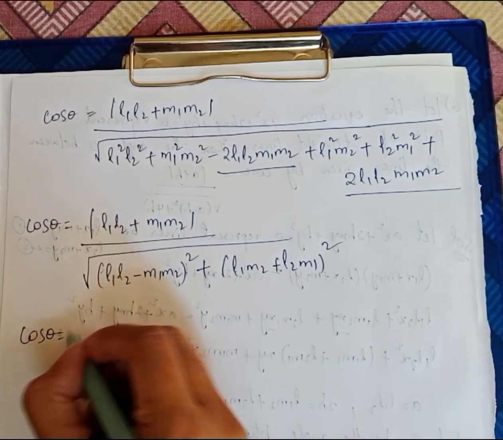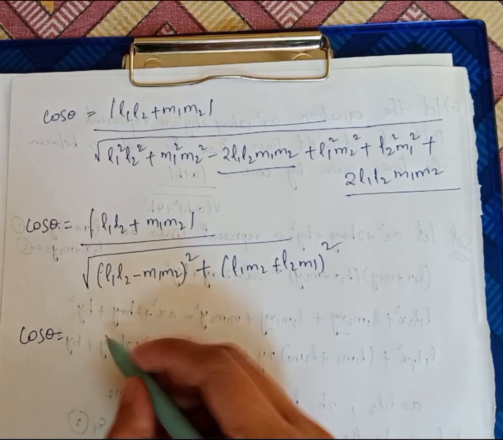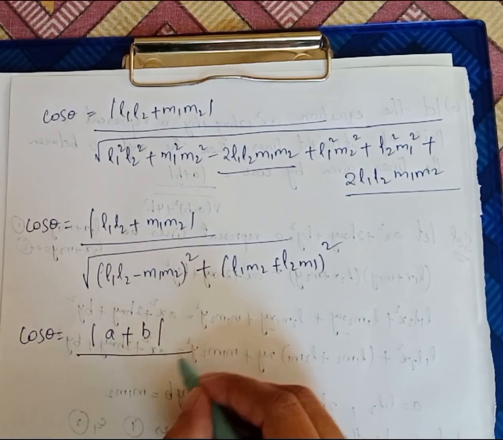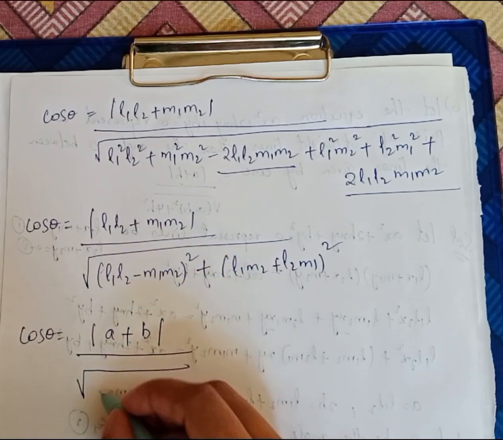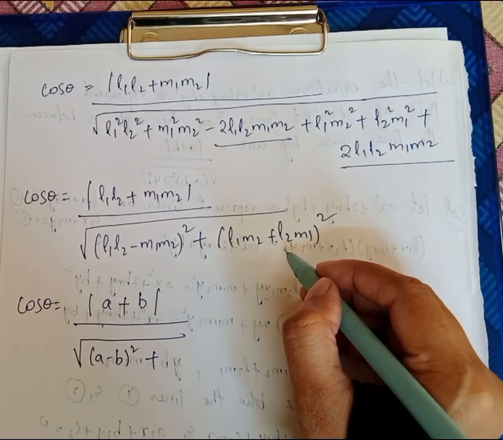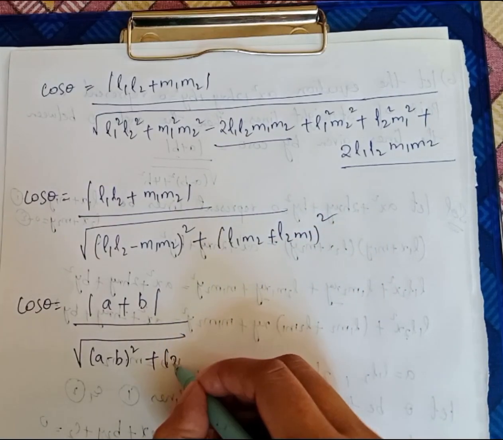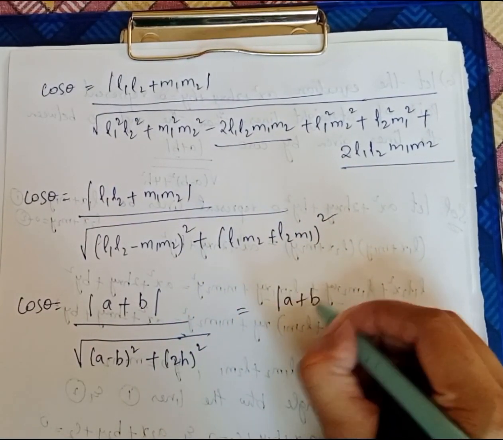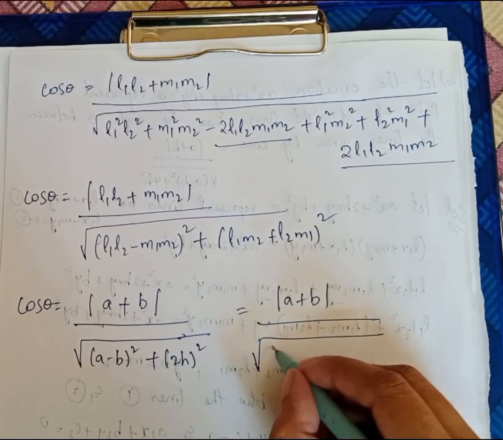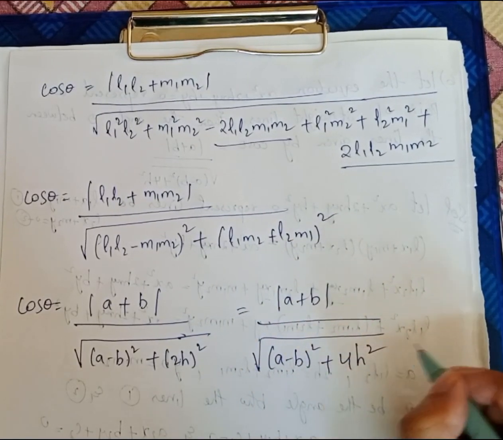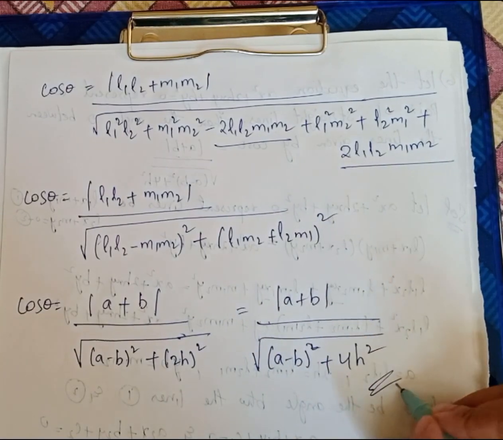Now substituting the values: l1l2 is a and m1m2 is b, so it is (a − b)² plus this value, 2h, so (2h)². So this is equal to |a + b| / √((a − b)² + 4h²). So this is what we needed to prove.